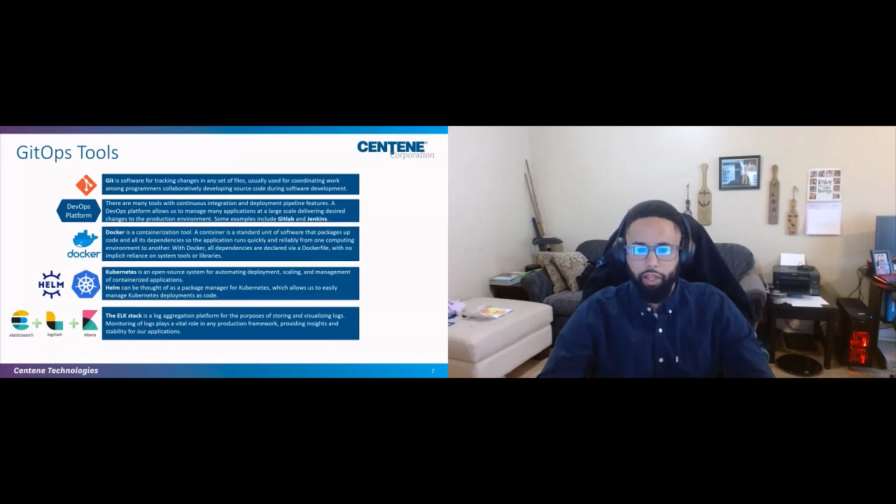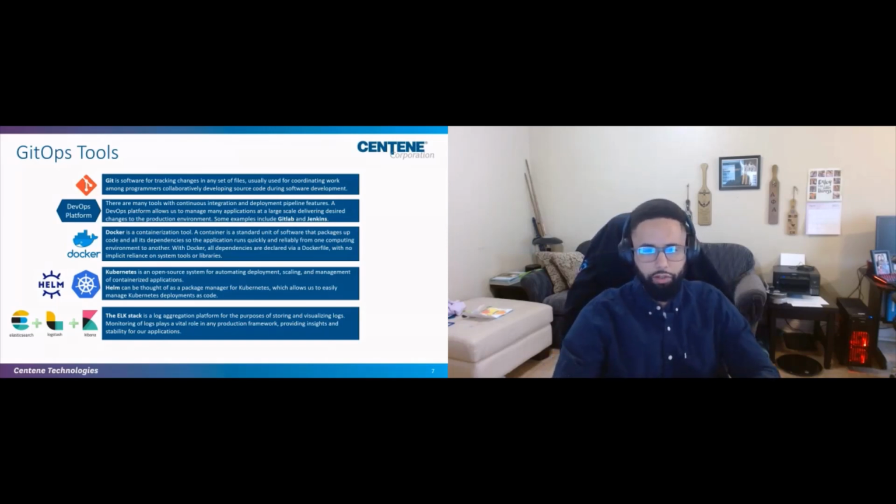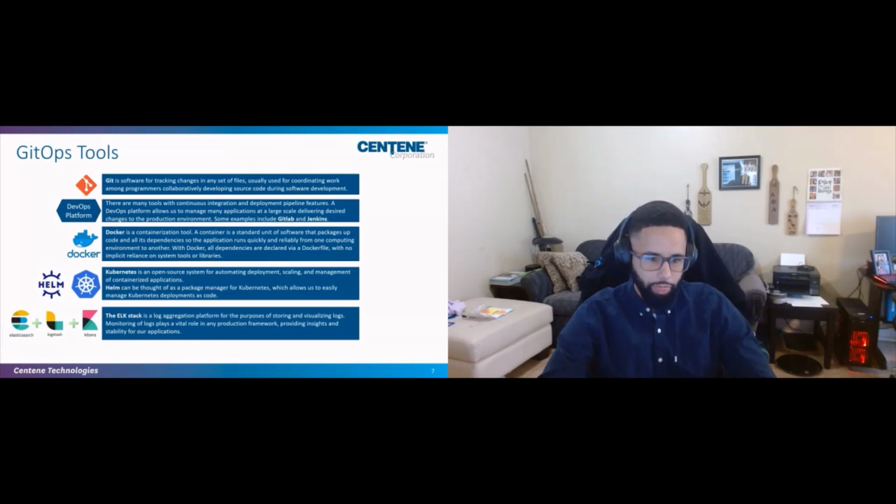So you can think of it as sort of a package manager, but really it just allows us to declare exactly how many resources we want, what types of containers we want to run for a particular deployment, and we store all of that information as code. And I'll show a little bit of how that looks later.